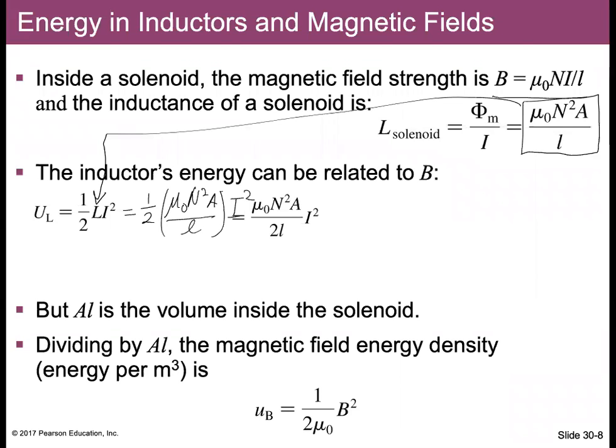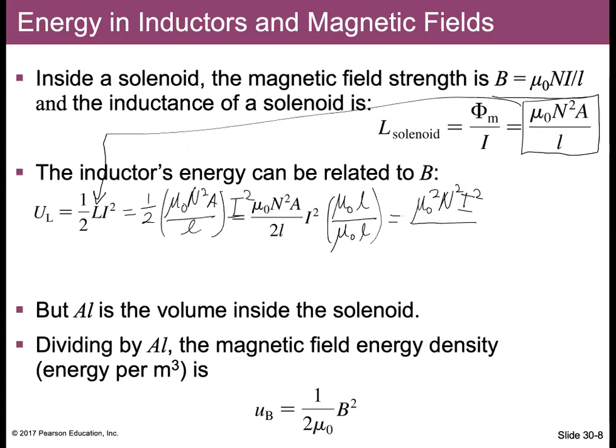Now, what I can do here is I can multiply by mu naught l over mu naught l. So I'm just multiplying by 1. That's really just multiplying by 1. And so I can then see that in that case, in the numerator, I'll have mu naught squared N squared I squared.